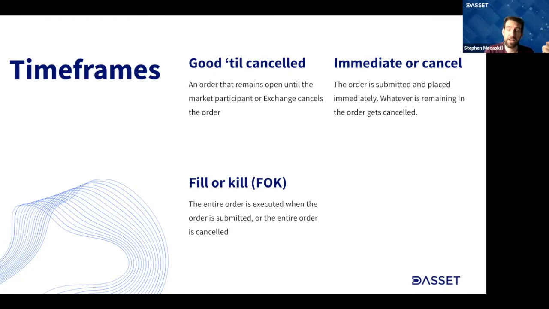On the other hand, you can place an immediate or cancel or a fill or kill, and there is a slight difference between the two. A fill or kill is an order that must complete in its entirety or get canceled. So if you want to buy 100 Bitcoin at a price of $90,000 and somebody is selling 10 Bitcoin at $90,000, you submit your order.